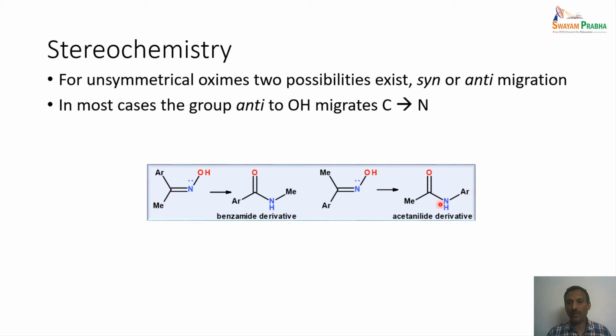In other words, ArNH2 is nothing but the aniline, and this is the aniline derivative, the acetanilide derivative. So benzamide and acetanilide are the two different products formed by the anti-migration, and in this migration, the group which is anti to the hydroxyl is the one which migrates.